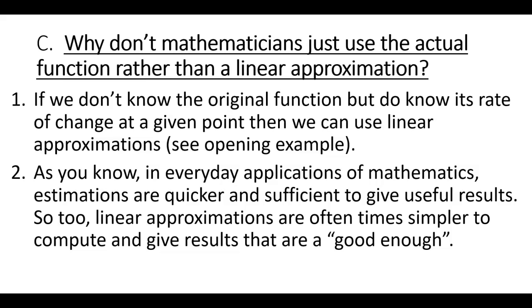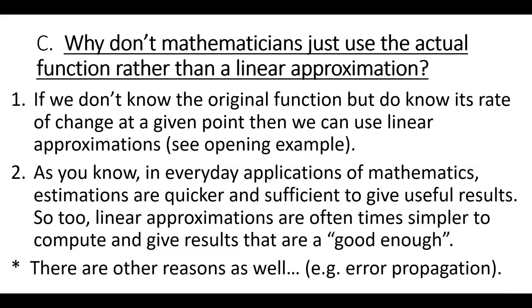Okay, so if you're going into engineering or something, they actually do use linear approximations to estimate something known as error propagation. Whenever you're designing something, nothing's ever designed perfect, and so there's always little bits of error involved, and because of that, you want to minimize your error, but nothing's ever going to be perfect.